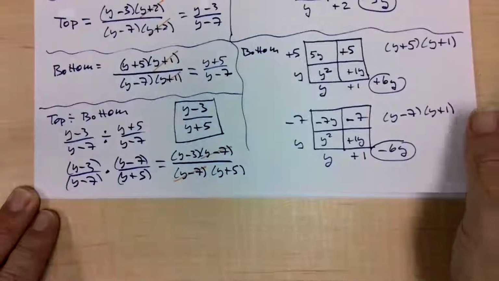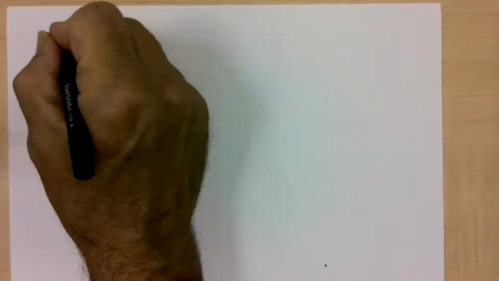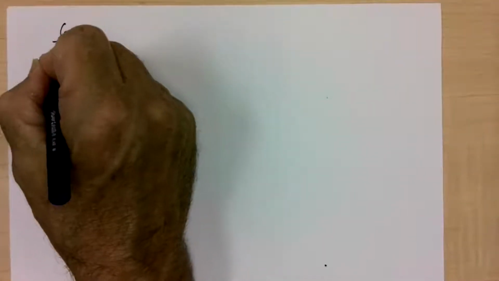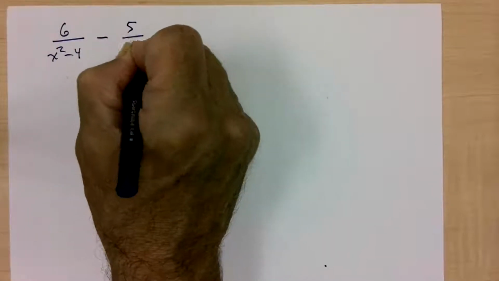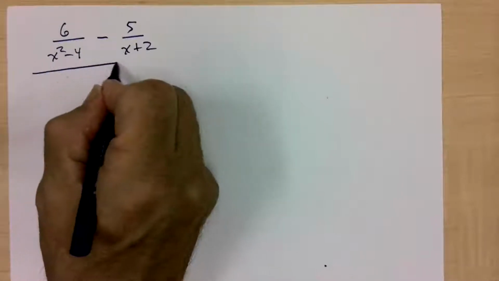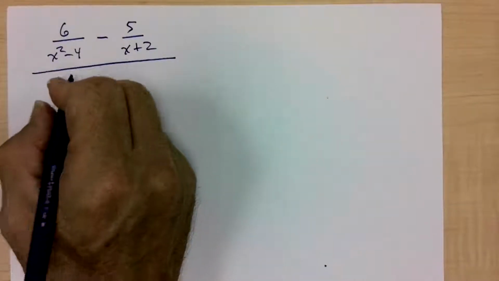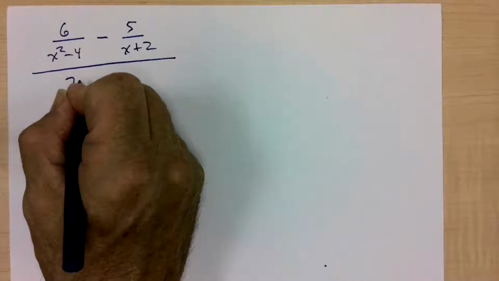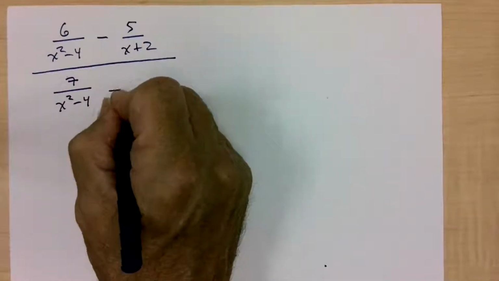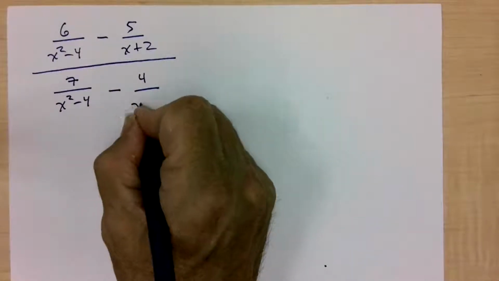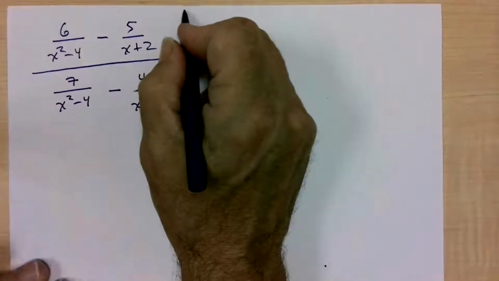Next, we'll take a look at the following. 6 over x squared minus 4 minus 5 over x plus 2, divided by 7 over x squared minus 4 over x plus 2.